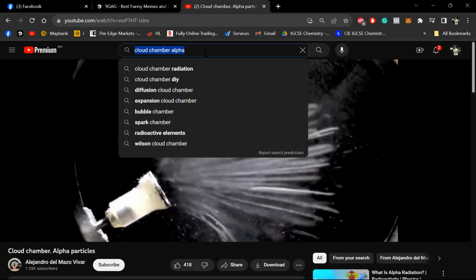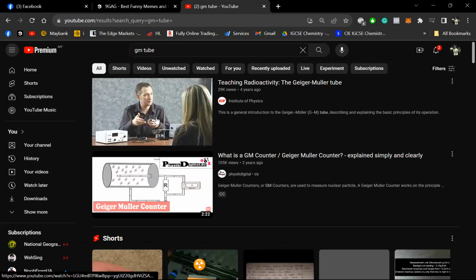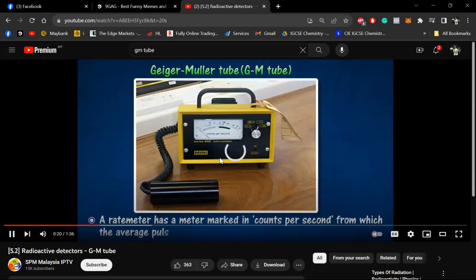And then a GM tube is those things that you see in cartoons with the hazmat suits, where they take something to scan. It detects beta. Actually, it can detect all forms of radiation: alpha, beta, and gamma. Let's say today you're reading it in this room, you probably just read some very low background radiation only.